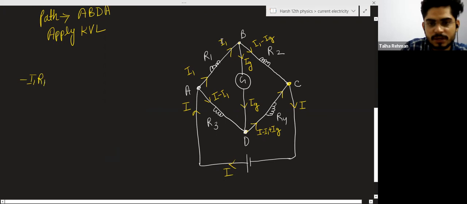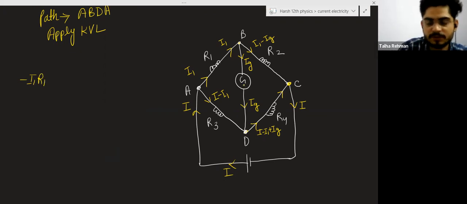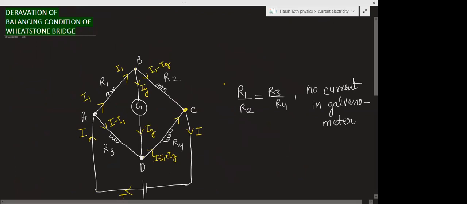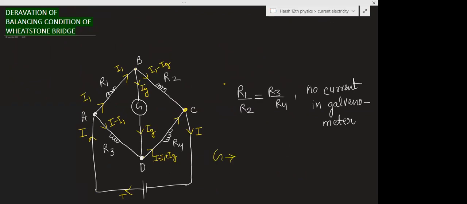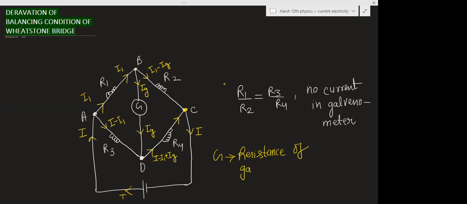From B to D, you will write IG into G, and G is represented as the resistance of the galvanometer.